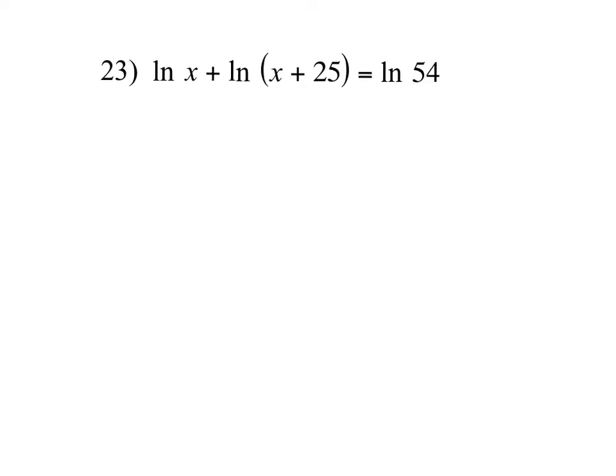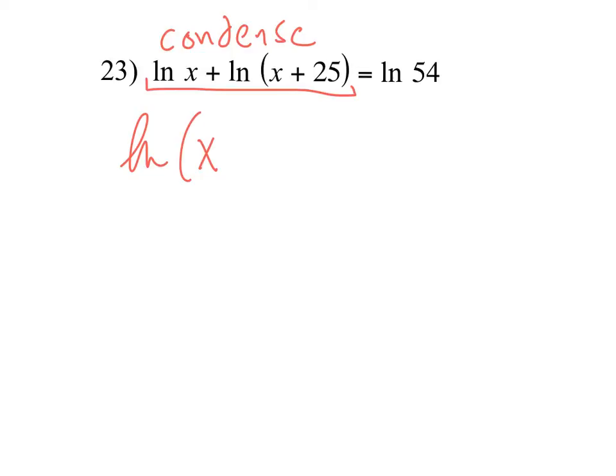For number 23, we've got to do some combining using log properties. And that's going to happen on the left side. Here I've got 2 logs on the same side, and 1 on the second side. I'm going to start by condensing. That's going to be the natural log of x times x is x squared, and x times 25 is 25x.